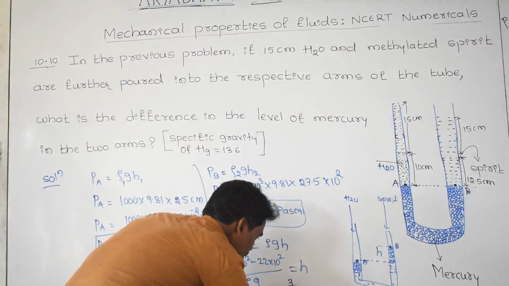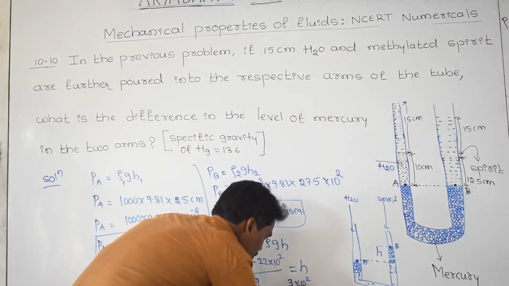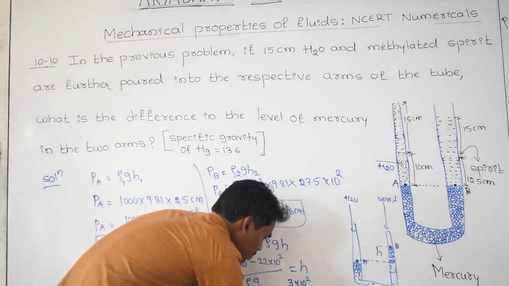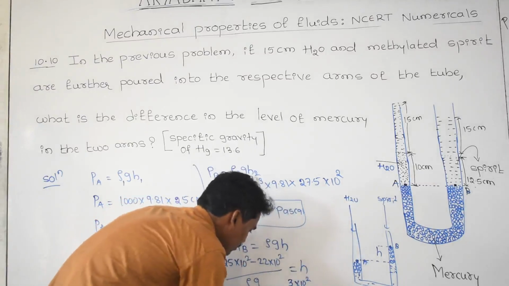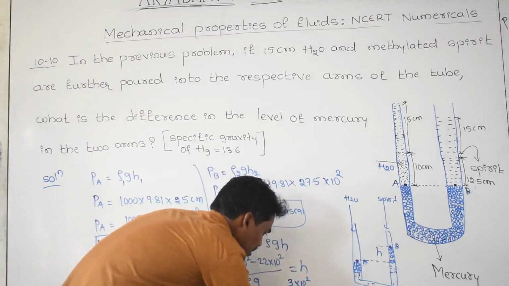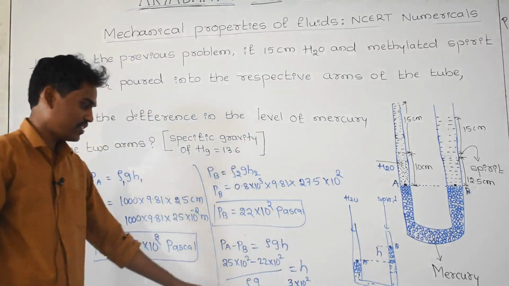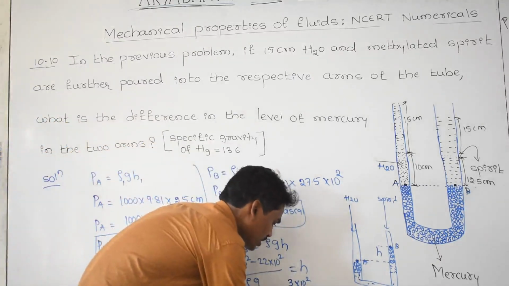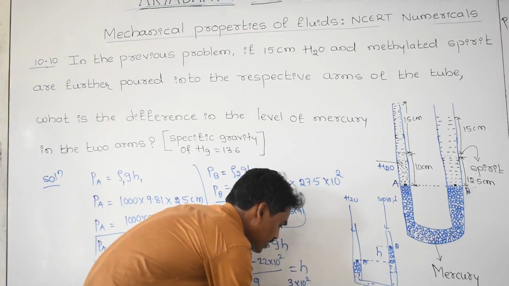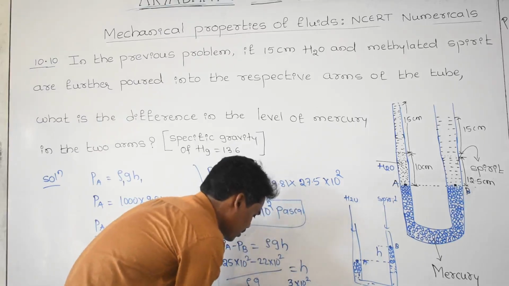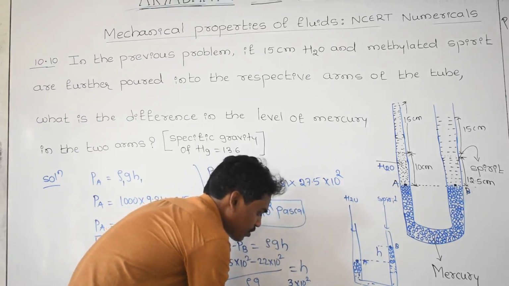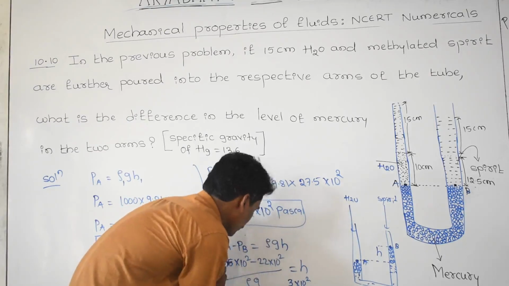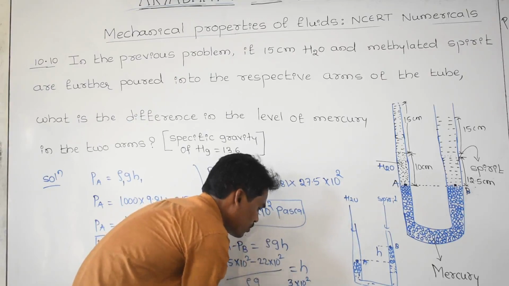That is 3 into 10 to the power of 2 divided by rho, the density of mercury. The relative density he has given is 13.6, and g I am taking as almost 10. The density of mercury is 13.6 into 10 to the power of plus 3, into g, which I am taking as almost 10, and the numerator is 25 minus 22, which is 3 into 10 to the power 2.